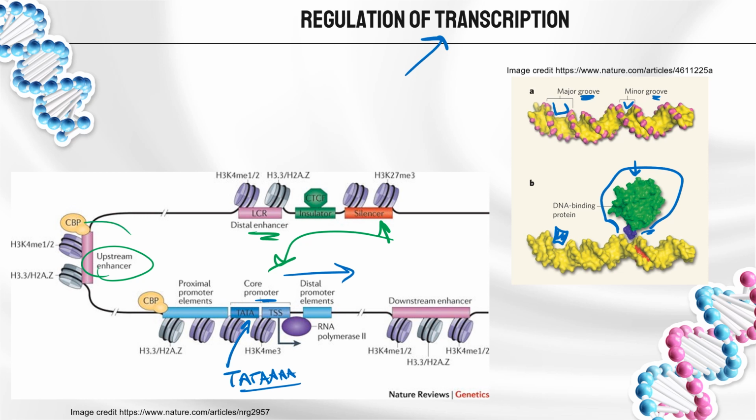So lots of ways to make more transcription happen, some ways to completely prevent transcription from happening, and this is all going to lead to more or less transcription. And if I have more messenger RNA, I can make more protein. And if I have no messenger RNA, we're making no proteins.